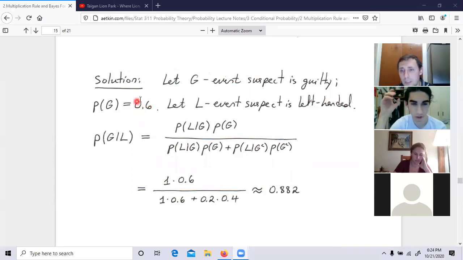And then we are assuming that probability of guilt is 0.6. That means that probability of innocence is 0.4. So that means that probability of guilt given left-handed is the same as probability of left-handed given guilt times probability of guilt, divided by probability of left-handed, basically the same thing.